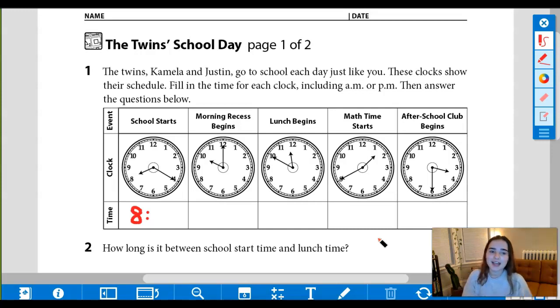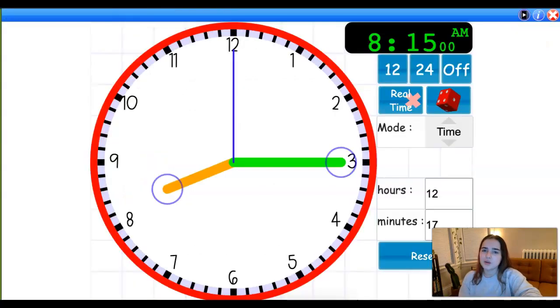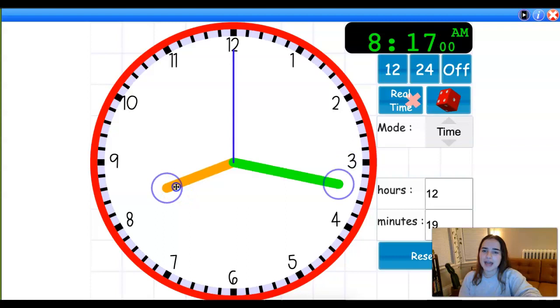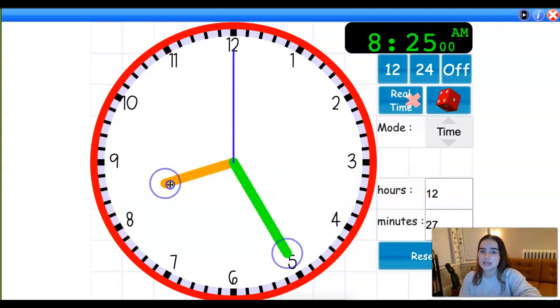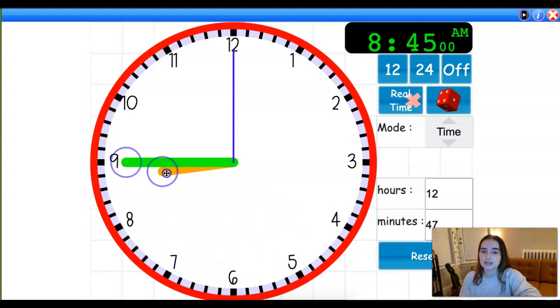If we take a look at clock number 1, we need to figure out the time that their school starts. And I see that this small hand, the hour hand, is in between two numbers. Okay? Whenever the smaller hand, the hour hand, is in between two numbers, we have to remember that it's always going to be the number that comes before. A clock rotates to the right.